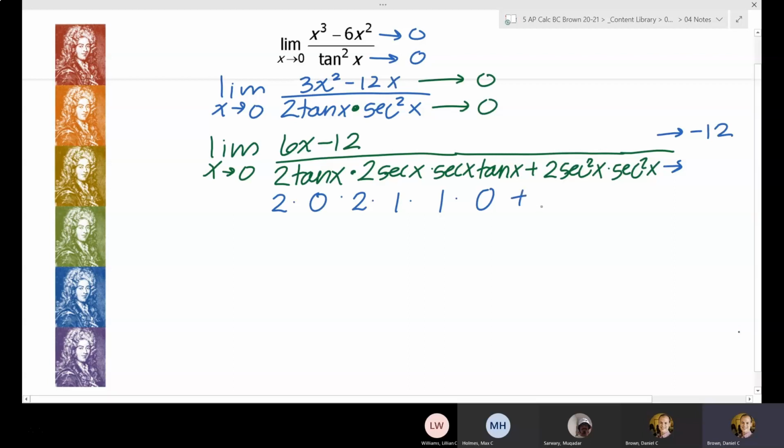But then plus 2 times 1 times 1, so that denominator is going to go towards 2. So what is this limit going to be equal to? -6. If I had gotten 0/0 again, then I would have just kept doing L'Hopital's rule until I eventually stopped getting 0 over 0. And theoretically, in this one, we could only take the derivative one more time before the derivative of that numerator just went to 0 itself.